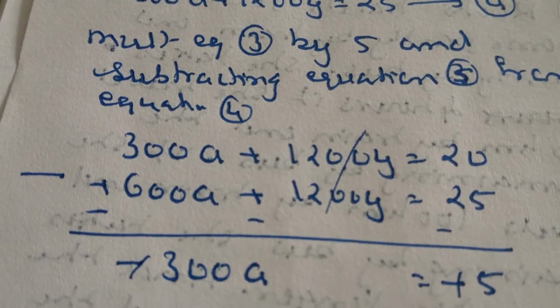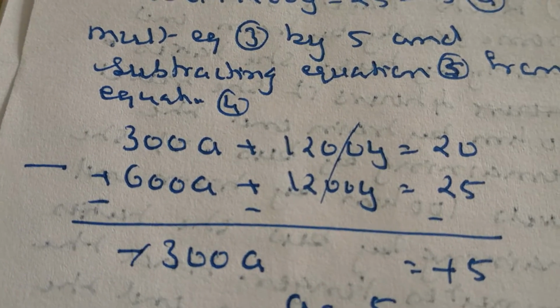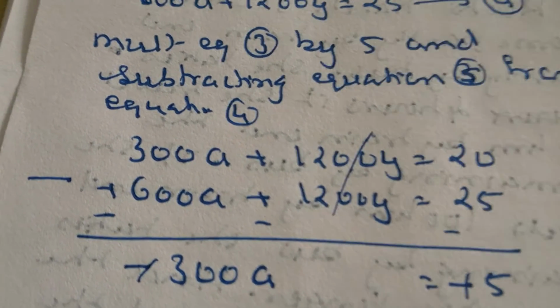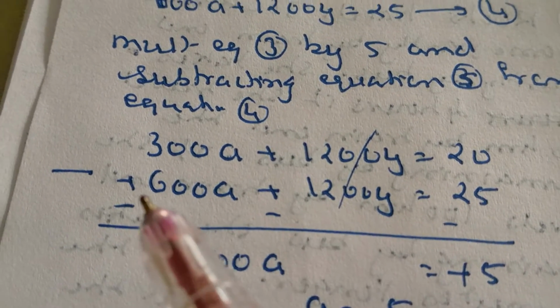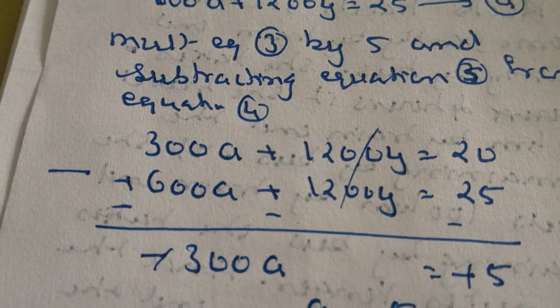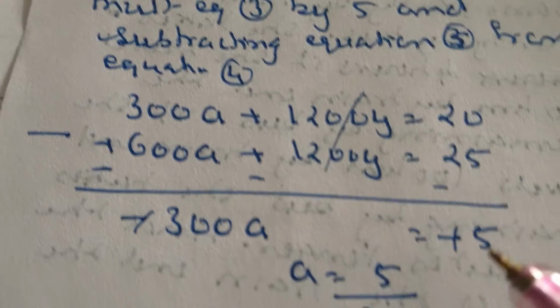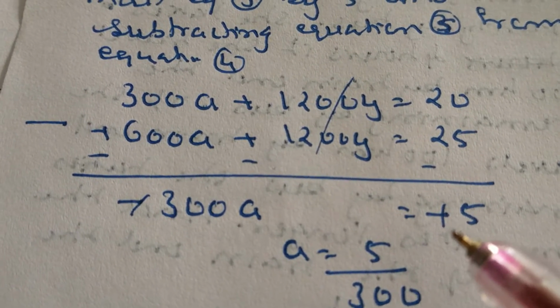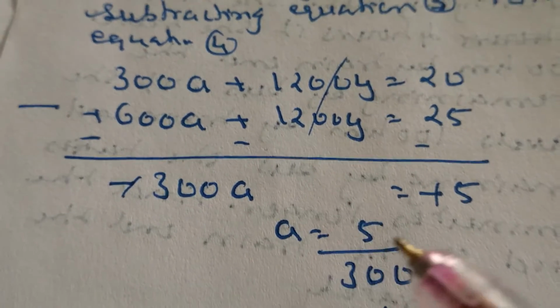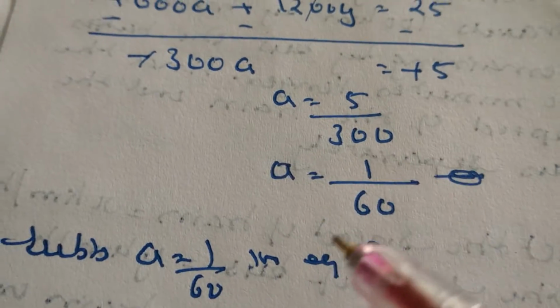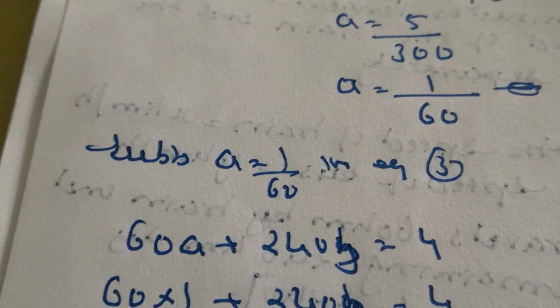Subtracting from 600a plus 1200b is equal to 25, making the signs opposite, these get cancelled. So 300 minus 600, that is minus 300a, is equal to minus 5. Minus minus gets cancelled. So a is equal to 5 upon 300, which is equal to 1 upon 60.